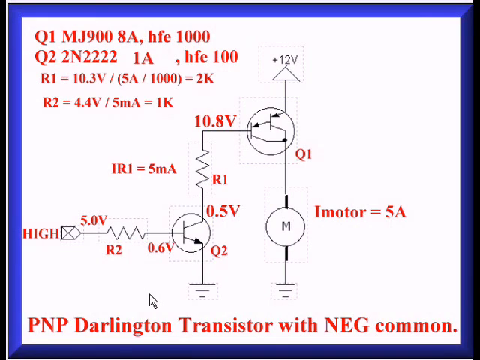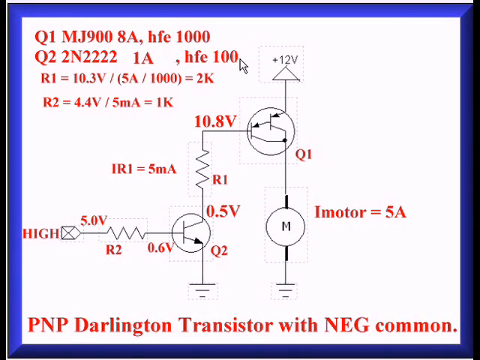Here is another variation of the previous circuit, except we're using an MJ908 amp. Instead of two separate transistors, it has a single transistor built into the same case. You won't know it's a Darlington unless you look up the number. Okay, I got a 5 amp motor. That's well within the 8 amps. This here has a gain of 1,000.